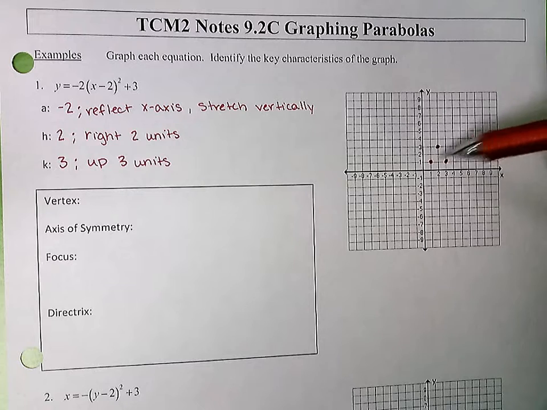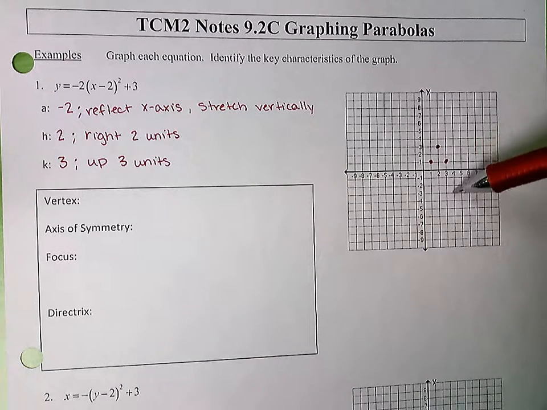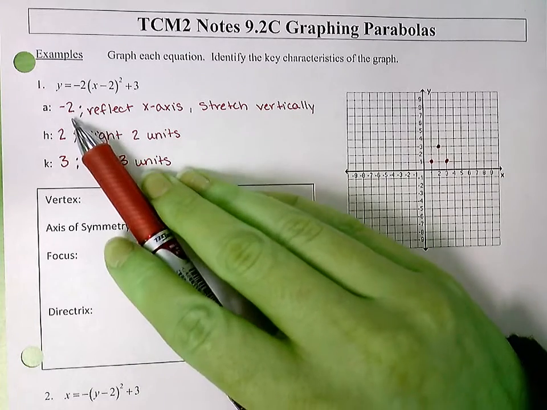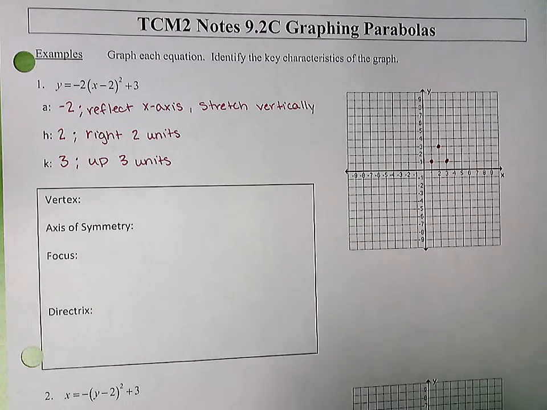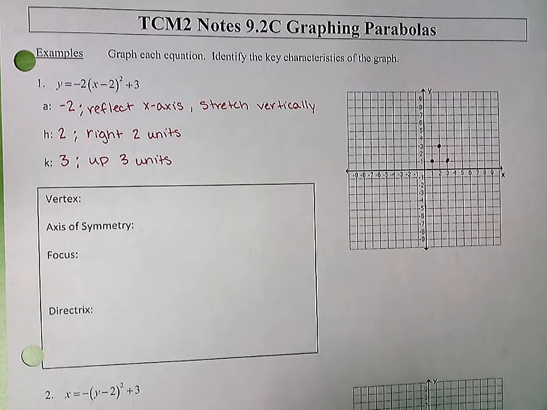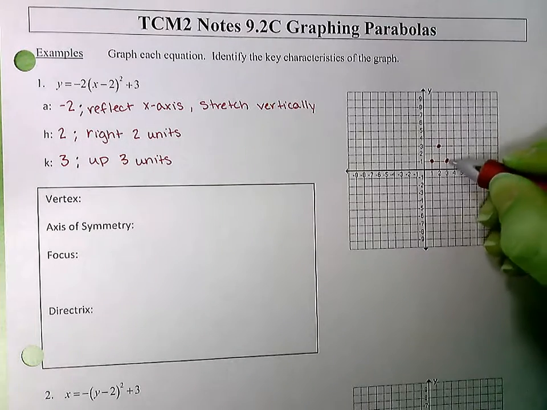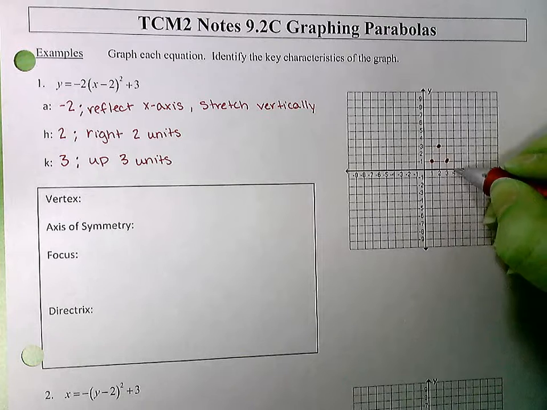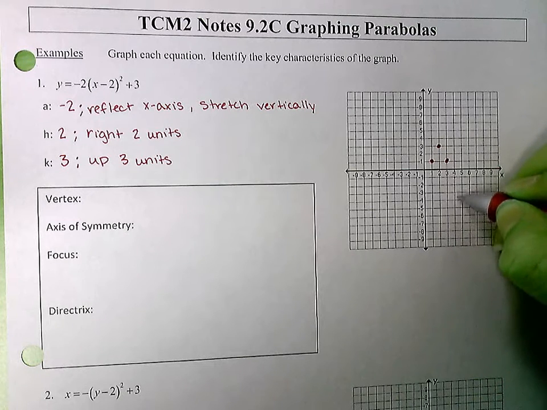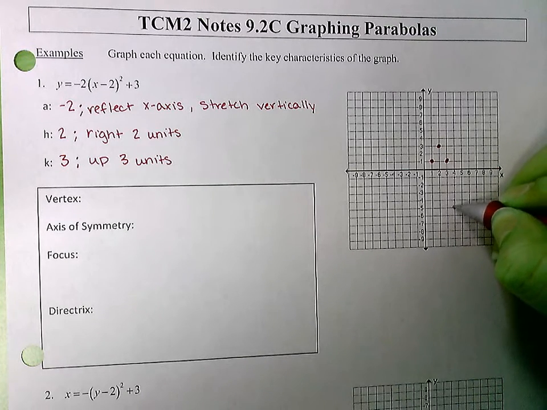Now from those 2 points, normally you would go right 1, down 3, but this 2 you have to multiply into that downward motion. Okay, so instead of going down 3, you'll go down 3 times 2, which is 6. Okay, so from here, right 1, down 6, and plot that point.